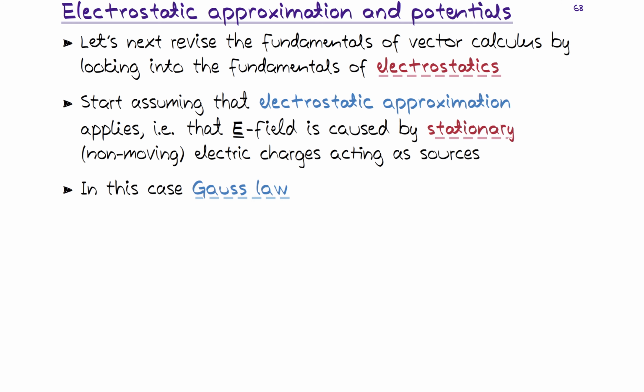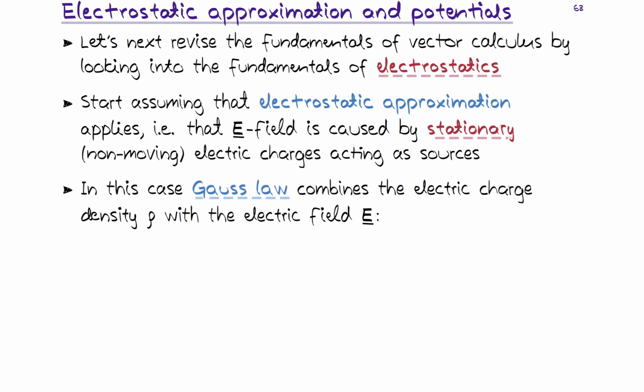And in this case, when we look into the Gauss' law, which combines the electric charge density ρ with the electric field, and here particularly we use the integral notation, we may write the Gauss' law so that we integrate the electric field over a closed surface. That's what the notation here means.